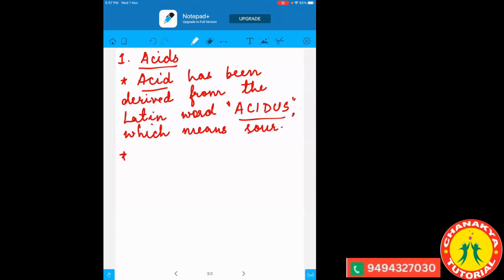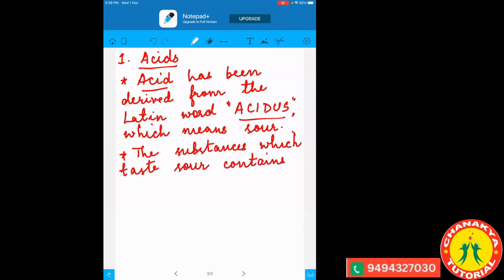Now, what are acidic substances? The substances which taste sour. When we eat them, we feel that they are sour, and they contain acid in them. Like lemon: when we eat lemon, we feel it is too sour. Why? Because lemon has a particular kind of acid known as citric acid.